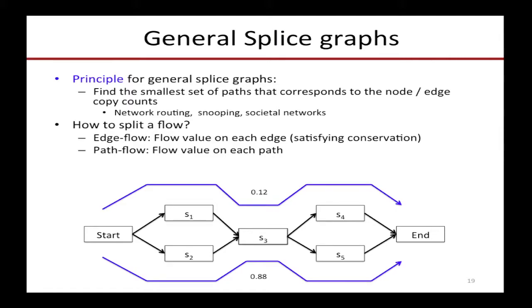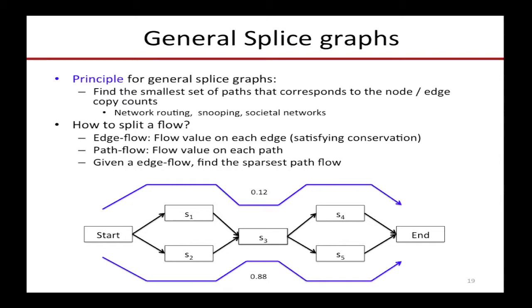However, given an edge flow, there is no unique path flow. There could be many path flows that satisfy the same edge flow. This is just like the example I illustrated earlier, where 2 transcripts can also be explained by 4 transcripts. These 2 paths could also be explained by 4 paths going all over the place. So given an edge flow, we want to find the path flow with the fewest number of paths.